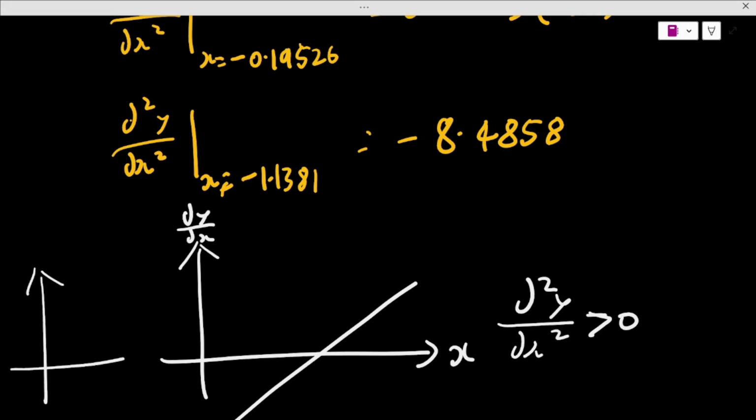Let's try to plot a graph of y against x if this is the case. We start off with a negative gradient, so it's sloping down, to a point where it reaches a gradient of 0, and then after that it's going to start increasing again. Something like this. So we can see that if d2y/dx squared is greater than 0, this is a minimum point.